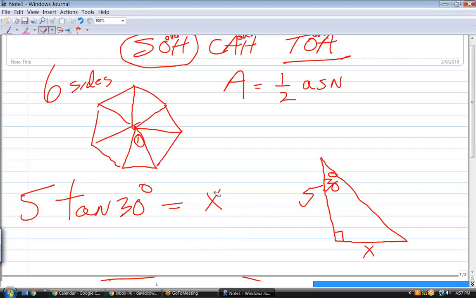And now, once you have x, you're going to double it to get s. Always remember that you got to double it. So I'm almost hesitant to draw this thing that way as opposed to drawing it like that. Okay. Because that's probably the easiest mistake to make, is once you come up with x, not doubling it to get the side length.